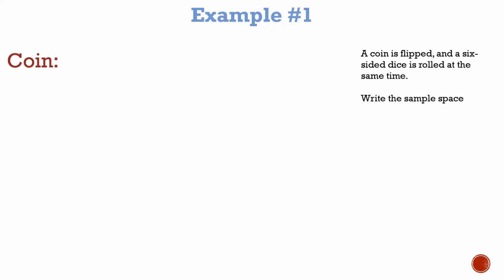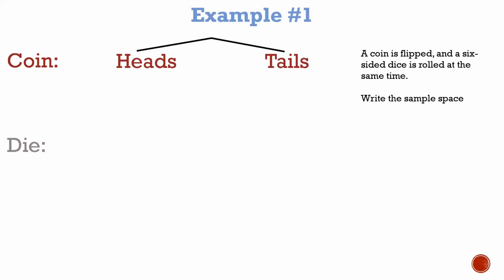So let's think about it. How many ways could the coin go, everybody? That would be my heads and my tails. Now, do heads and tails preclude me rolling any particular numbers? For whether I get heads or tails, there are 6 outcomes for the dice. That's a total of 12. I could get a heads and a 1, a heads and a 2, heads and a 3.